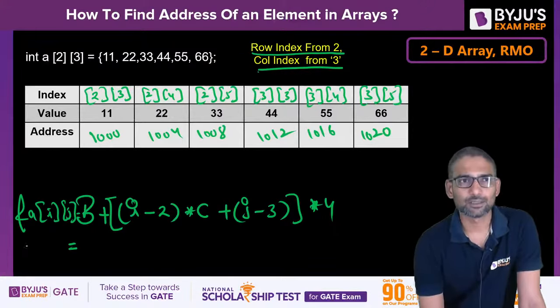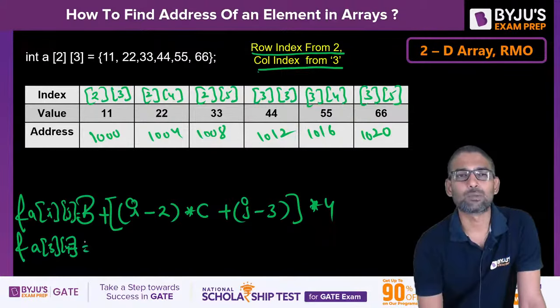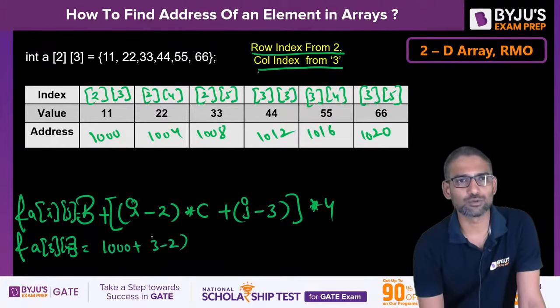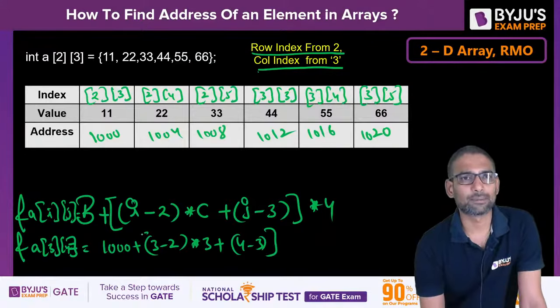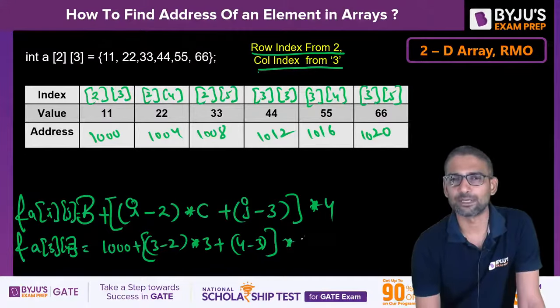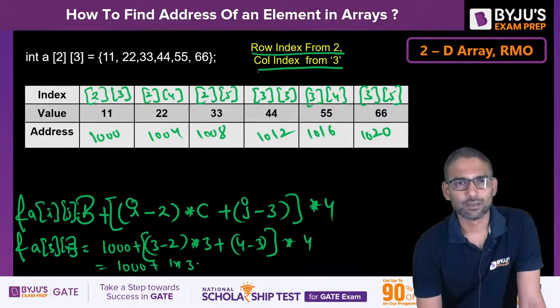Let us check. You would like to find the address of 3, 4. That is equal to base address plus 3 minus 2 whole into 3 plus J, 4 minus 3 whole, multiplied by 4. Size of each element is 4 bytes, I am taking. 1000 plus 3 minus 2, 1, into 3 plus 1 whole into 4.